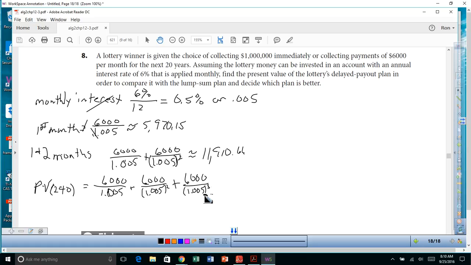And I don't think I need to write all of these out. Plus, and then we'll do the last month, that would be 6,000 over 1.005 to the 240th.